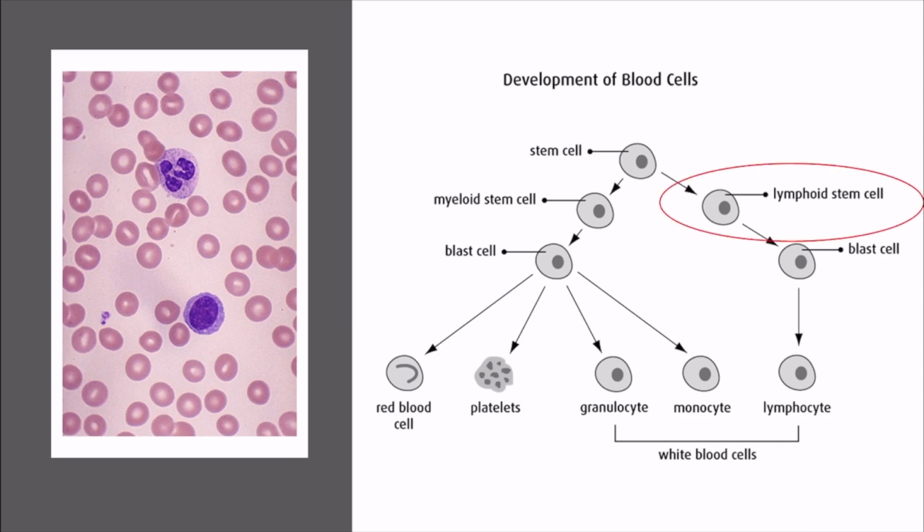Now, if we're talking about the lymphoid stem cell line, these are the type of cells that ultimately grow up to become lymphocytes. Now, once we're in the lymphoid cell line, we're talking about diseases that could either be leukemias or lymphomas.